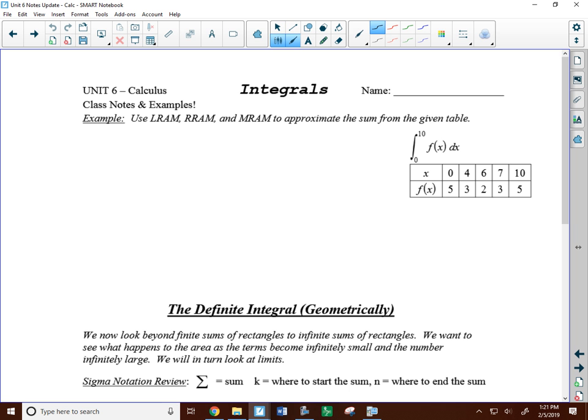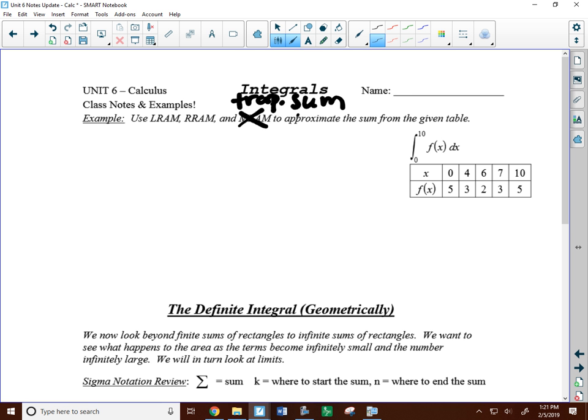Use left RAM, right RAM, and trapezoidal sum to approximate the integral from the given table. So the first thing I want to say is this is not the trapezoidal rule. You could use the trapezoidal rule. However, on this one we're going to find we couldn't actually do it.